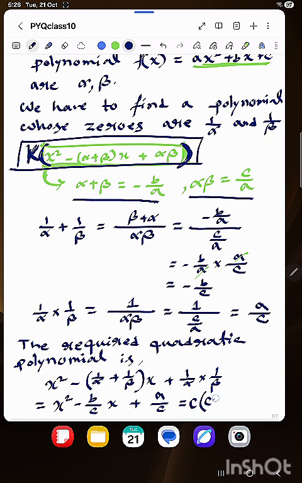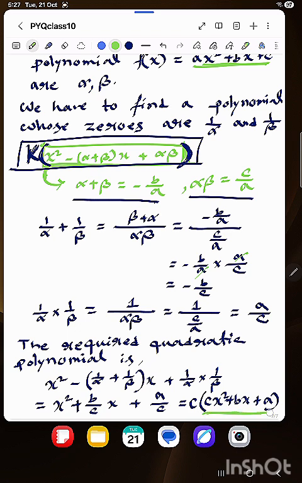In that case c x square minus bx plus a. Okay, one thing, this is minus, oh sorry, and also 1 by alpha plus 1 by beta equal to minus b by c we got. So minus minus will be plus, right? So it is plus. So c x square plus bx plus a. So your required polynomial is this one.